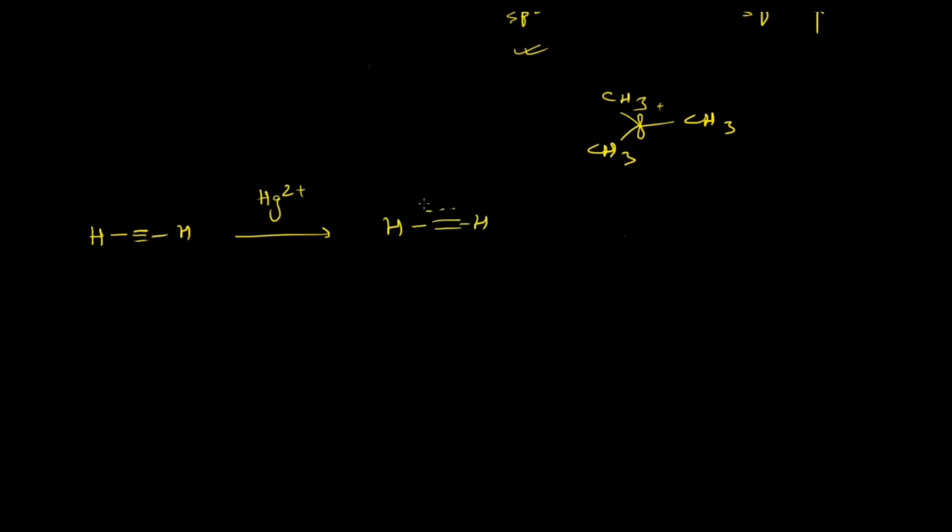Here also the pi complex will form, and since both the carbon atoms are attached with a similar atom, which is hydrogen in this case, the partial positive charge will develop in the same amount on both of these carbon atoms, and this will make both of these carbon atoms equally electrophilic in nature. Attack by the nucleophilic water molecule either at this carbon center or that carbon center will make the same intermediate, which is this one.